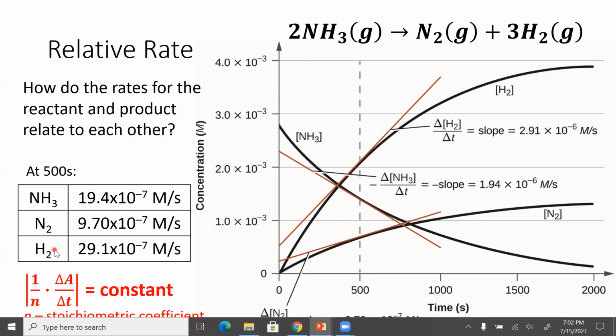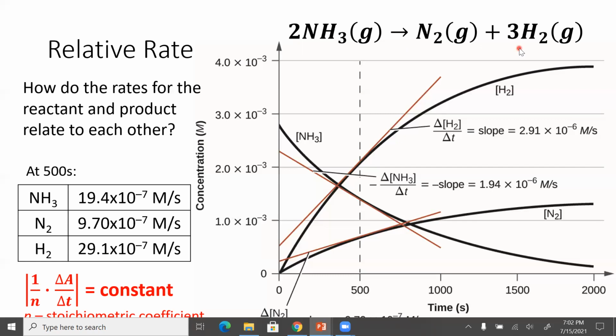Now, if we were to look at hydrogen, hydrogen is being produced at a rate 3 times the rate of nitrogen. So 9.70 times 3 would give us 29.1. Again, that makes sense because when we look at the stoichiometry in the balanced equation, nitrogen is a 1 and hydrogen is a 3.